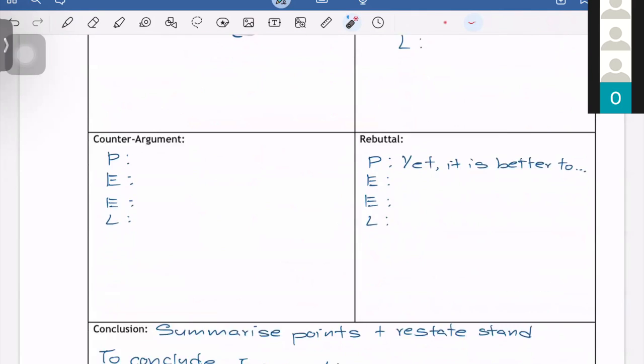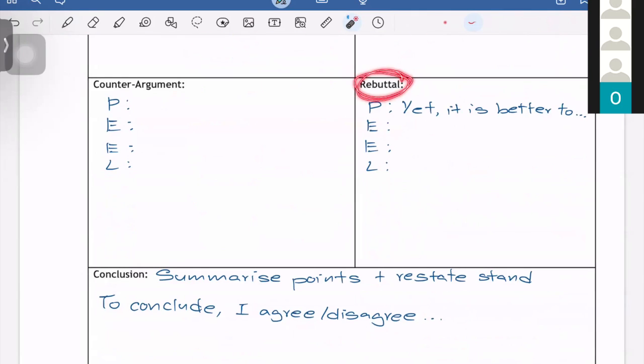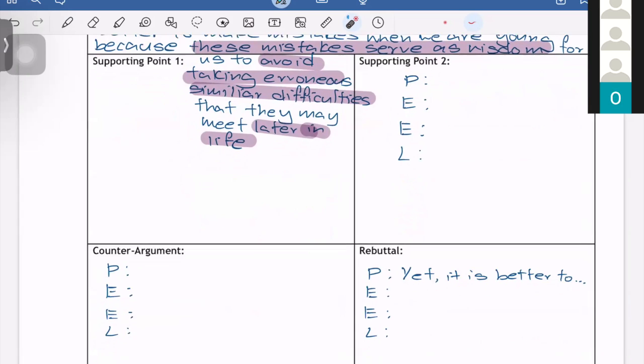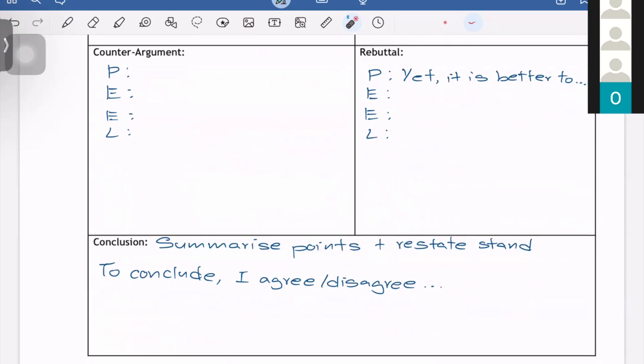That's why I include this rebuttal to bring back to my supporting point and my statement. You agree that yes, make mistakes when you're young. It's much better. So that's why we have a rebuttal paragraph.